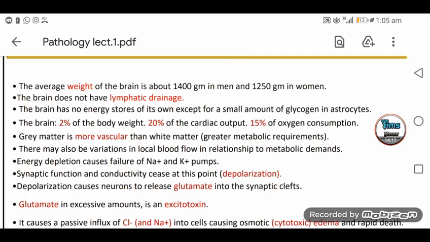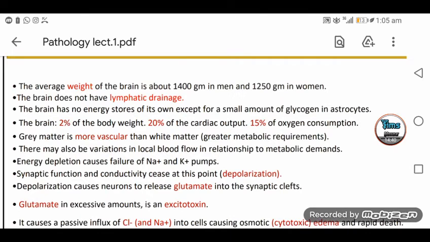That's why the gray matter is more vascular. And then there may also be variations in local blood flow in relationship to metabolic demands. The more an area of the brain has a high metabolic demand, the more local blood flow it has.